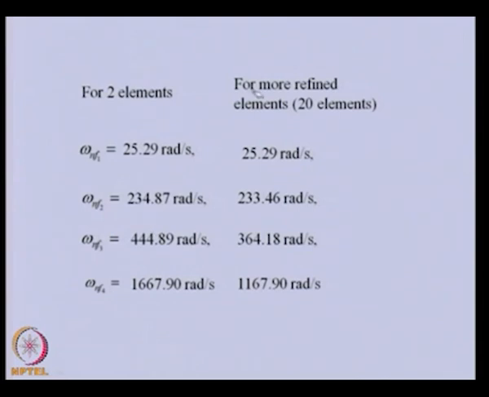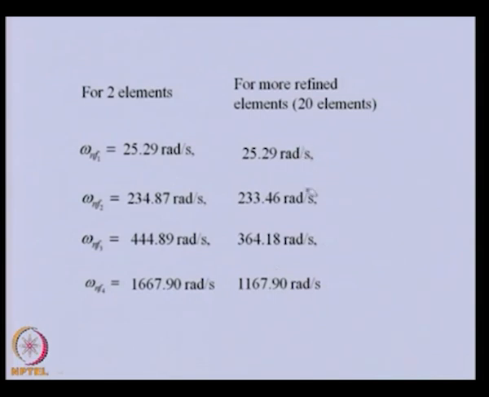But if we take more elements, let us say 20 elements, by dividing this into 20 elements, we will get a refined value. You can see that the first and second natural frequencies, even with 2 elements, we are getting reasonably well, but from the third onwards we are not getting that accurate.